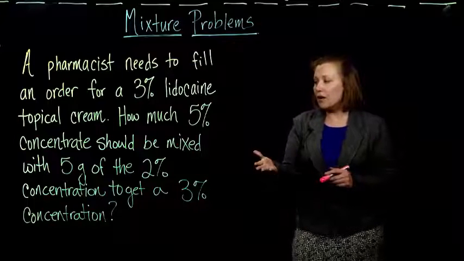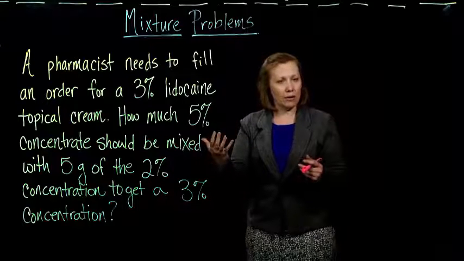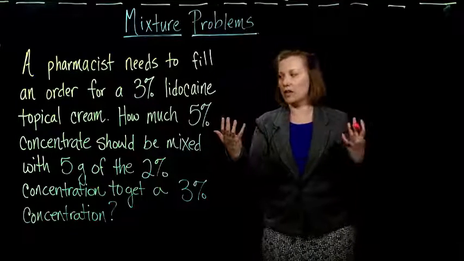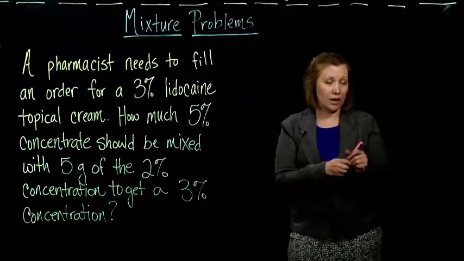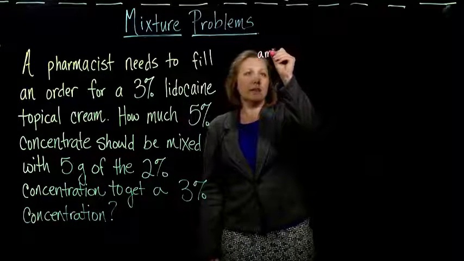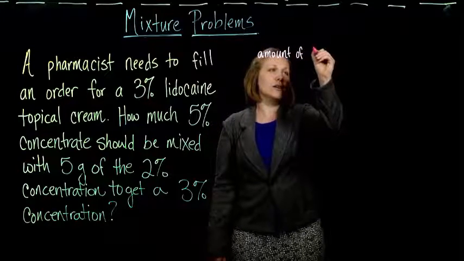So I know a couple things. If I take a certain amount of the 5% concentration and add that to the 2% concentration, I want to get the 3% concentration. So we can set ourselves up a little equation to help us figure this out.